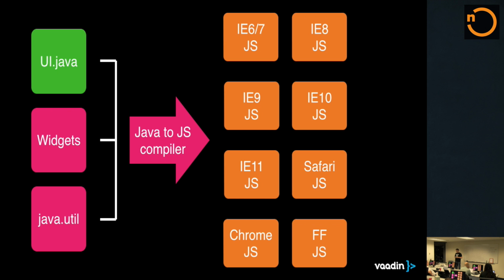It tries to work through the browser differences instead of you trying to figure out how to get around memory leaks in IE 8 or something like that. The compiler tries to do that for you, and it's a pretty amazing compiler. Another thing is that it's a really optimized compiler.